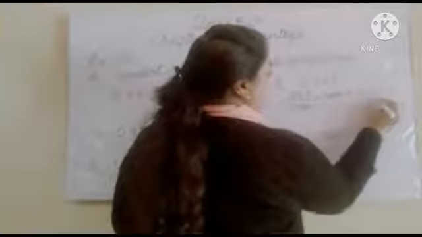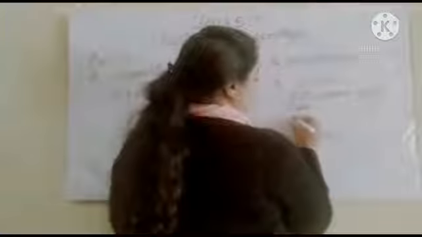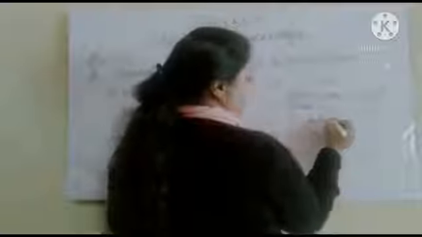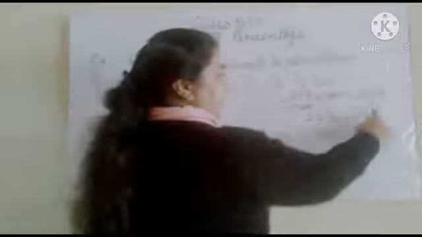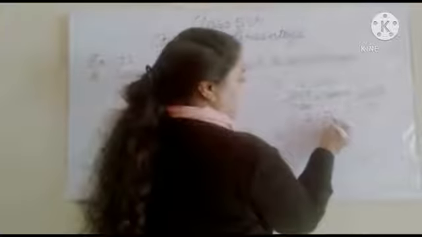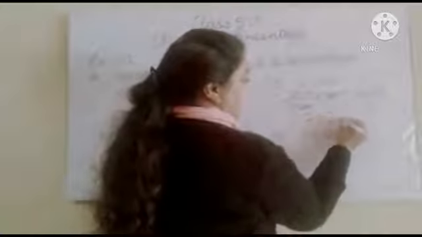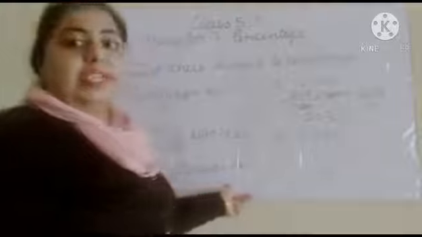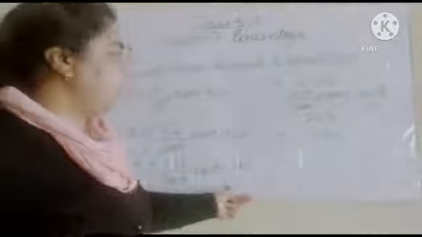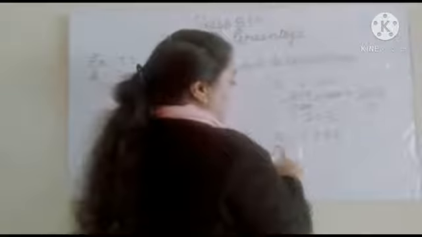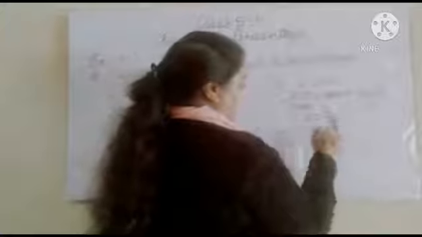Now it is 203 upon 10. First we write the number 203, and because there is only one zero, so we place the point after one digit, so 20.3%.